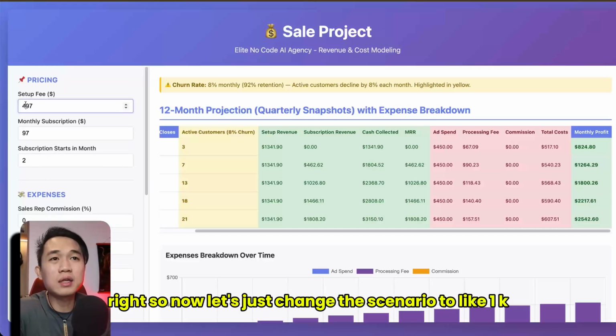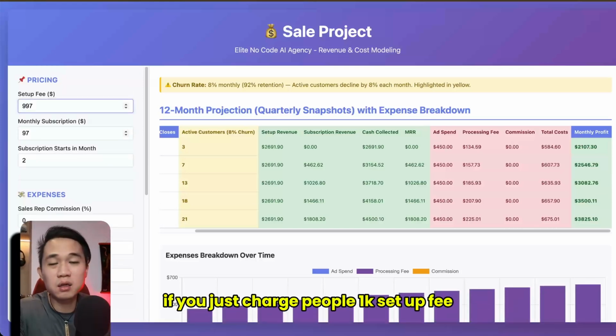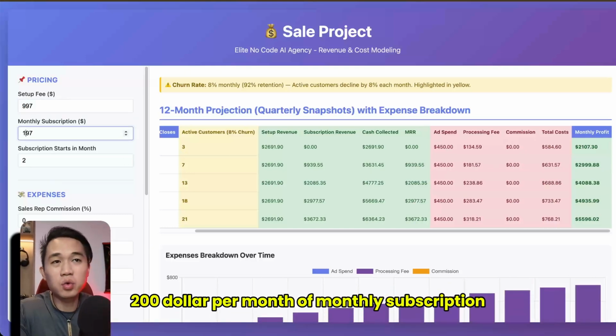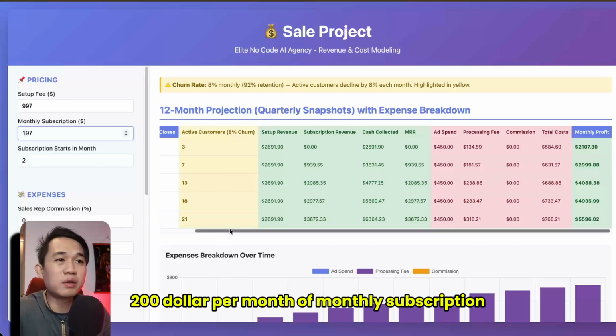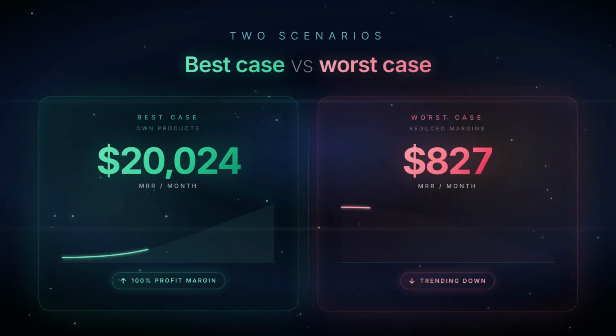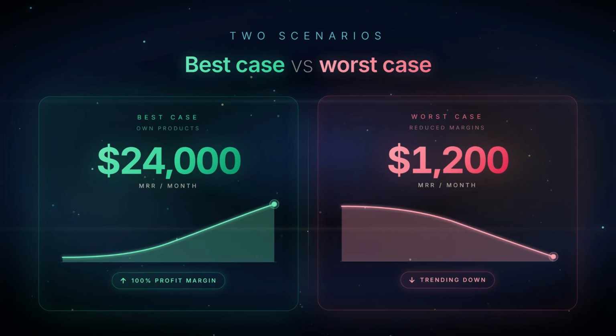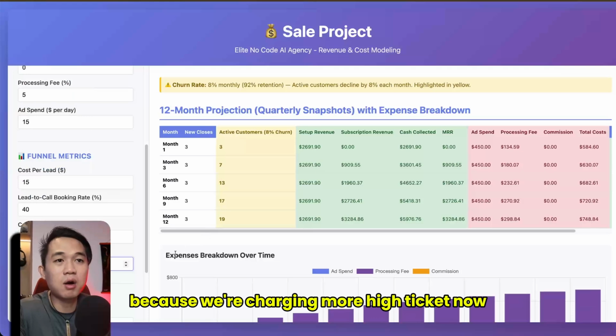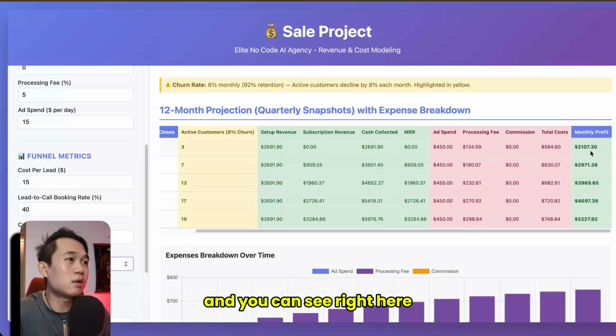So now let's just change the scenario to 1K. If you just charge people a 1K setup fee and have $197, $200 per month of monthly subscription, you can see immediately your monthly revenue jumps up so much. However, let's say we increase our churn rate to 10% because we're charging more high ticket now. And you can see right here, this is the monthly projection.